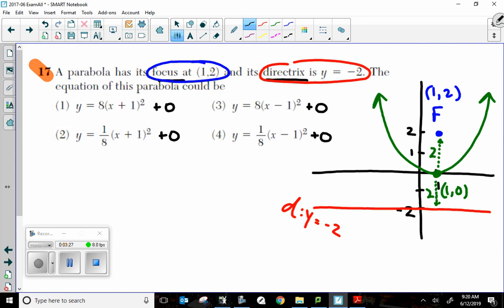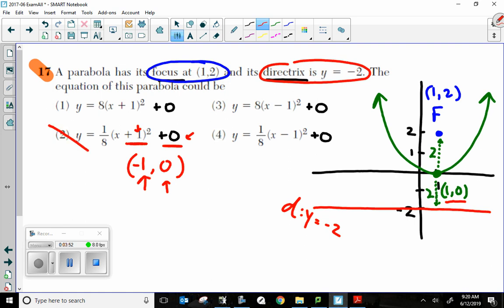Now my vertex, let's look at choice 2, is the 1 and the 0. Keep in mind, anything inside parentheses always needs to flip. So that should be -1. This on the outside stays the same. So I know my vertex is 1, 0. It is not -1, 0.